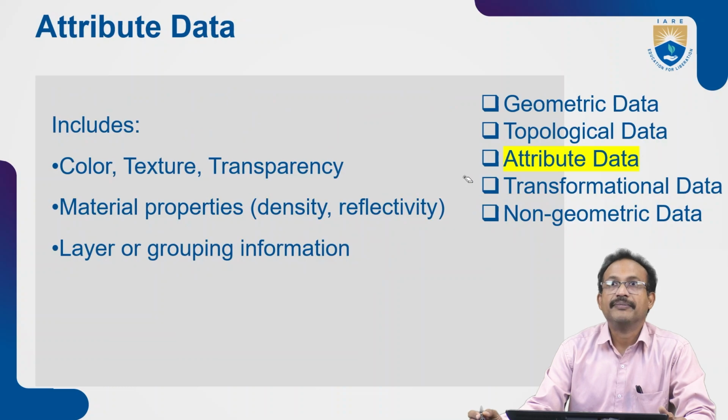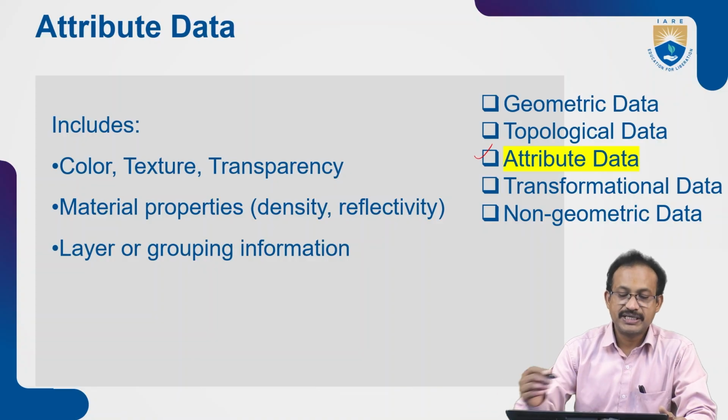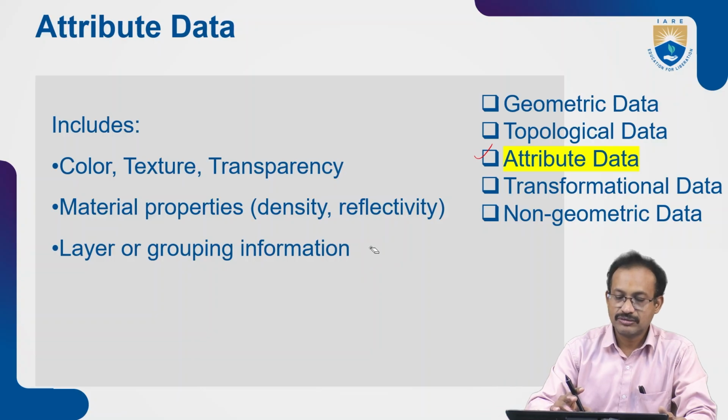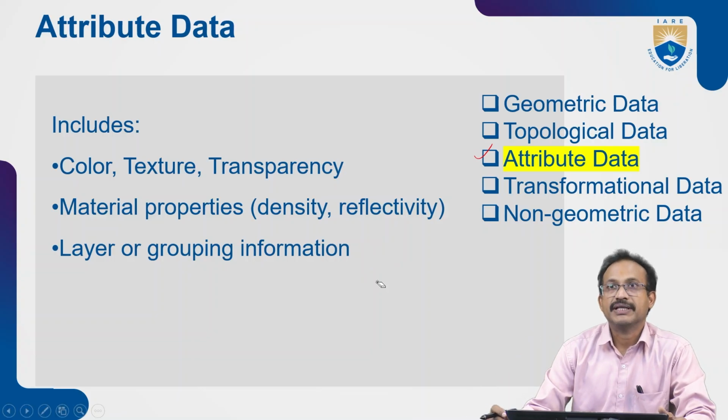Next, attribute data, the third one. Attribute data includes color, texture, and transparency, material properties like density, reflectivity, layer or grouping information. That is about attribute data.